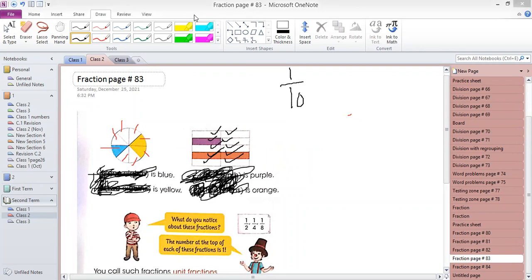So Awab Muhammad, how will you read the fraction of purple? How much is purple?